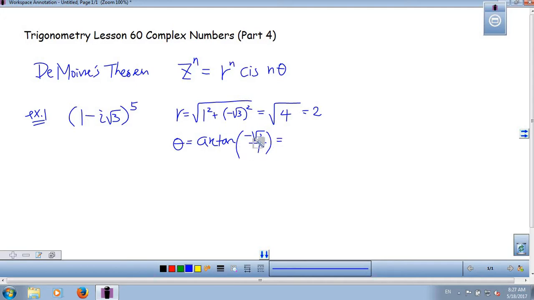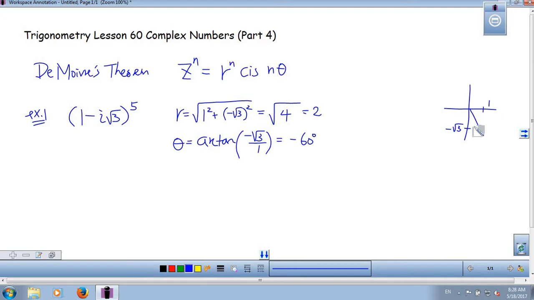Now negative square root 3 over 1 gives negative 60 degrees, because sine of 60 degrees is square root 3 over 2 and cosine of 60 degrees is 1/2. So with a negative square root 3 over 2, it's going to be in the 4th quadrant, somewhere here. This is negative square root 3, and this will be 1.